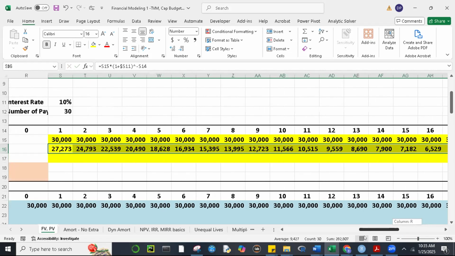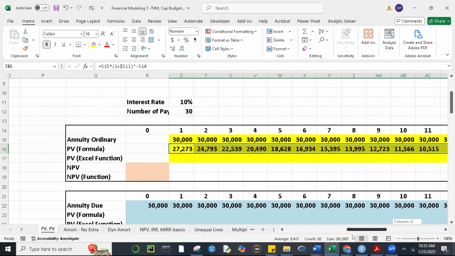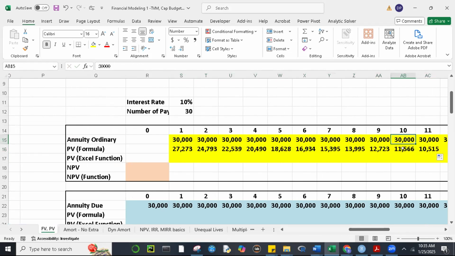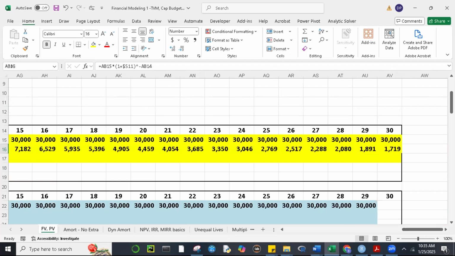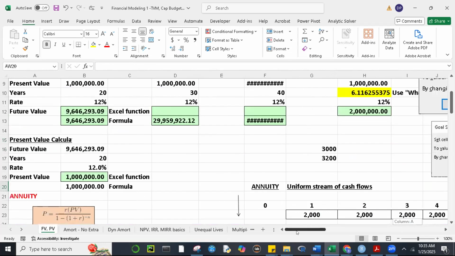And you see, class, that as the future value moves away, this is after 10 years, its present value will just be 11,566. What is the present value of 30,000 30 years from now? At 10%, how much is its present value? It's just 1,719.